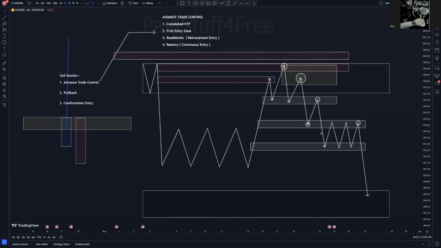Not at all. Because like I said, no CE, no entry. During this, maybe we're going to get the entry somewhere on here. We're not going to enter somewhere on here because we are waiting for the confirmation entry. Get it? All right.